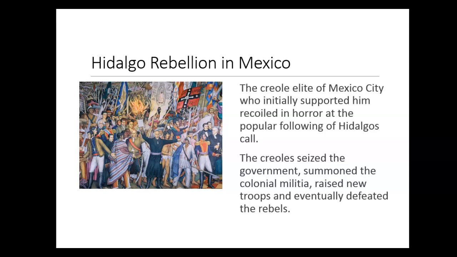The Creole elite of Mexico City, who initially supported Hidalgo, recoiled in horror at the popular following of Hidalgo's call, and soon the war for independence turned into a civil war between Hidalgo and the Creoles.